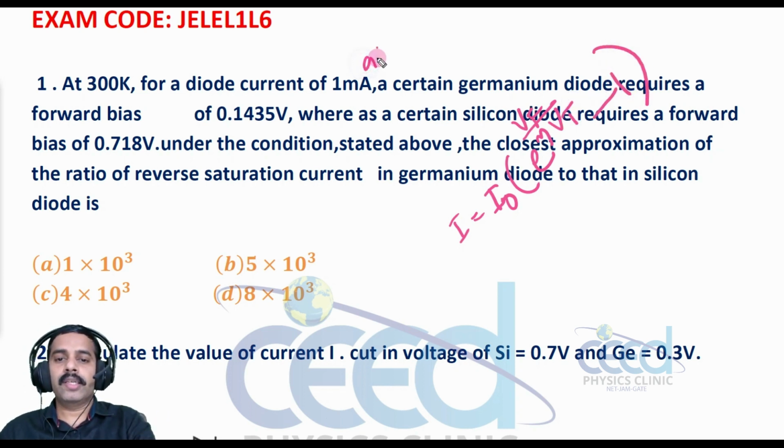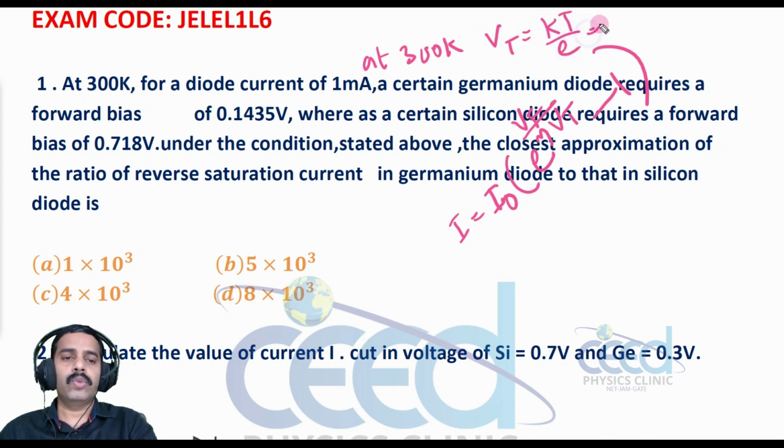At 300 Kelvin, Vt is equal to kT by e, where k is the Boltzmann constant, and its value is 26 millivolts, or 0.026 volt. Now the forward voltage, if I am considering the germanium diode.